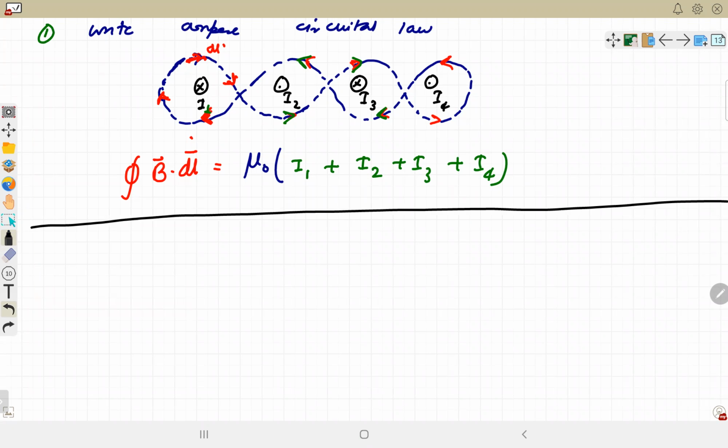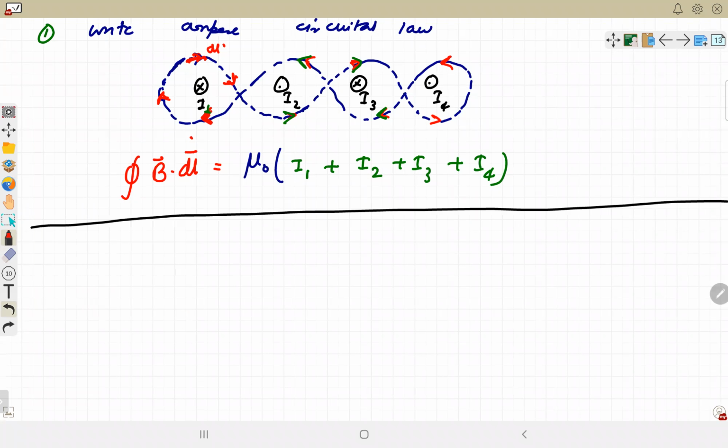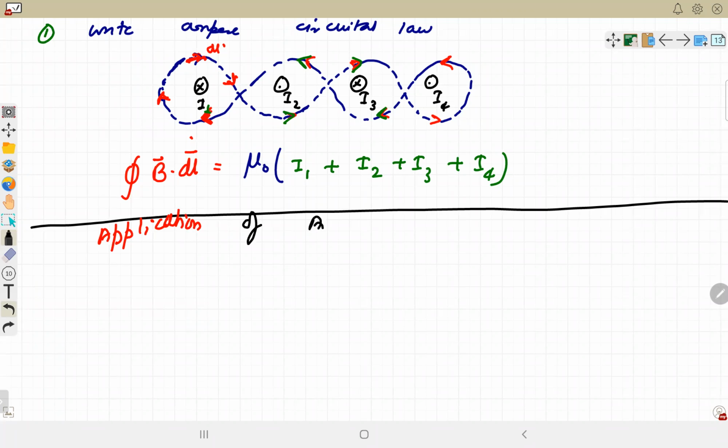When magnetic field is symmetrical, we can calculate it without the integration. We can directly calculate with the help of Ampere's circuital law. So again, these steps are similar, not exactly same, but similar to the Gauss law. Application of Ampere's circuital law is to determine the magnetic field in the symmetrical region.